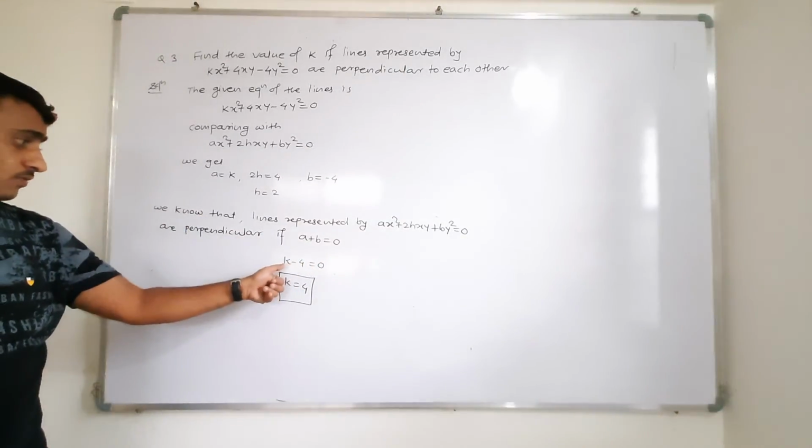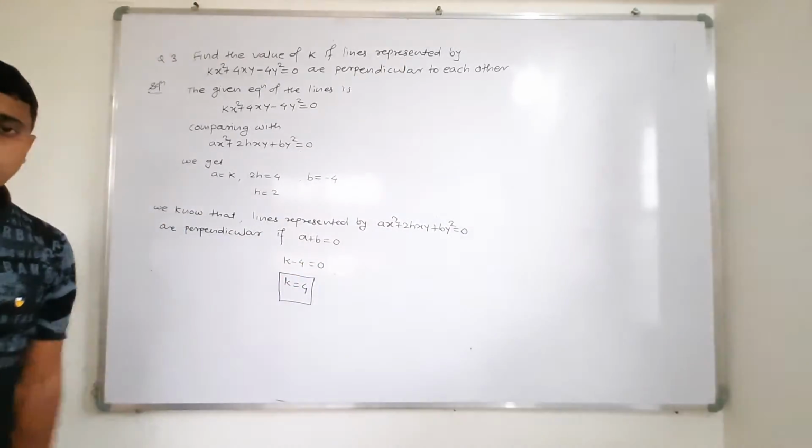Put the values of a plus b: k minus 4 is equal to 0, k is equal to 4.